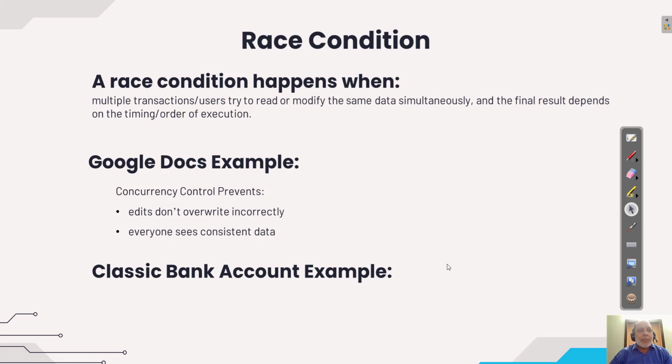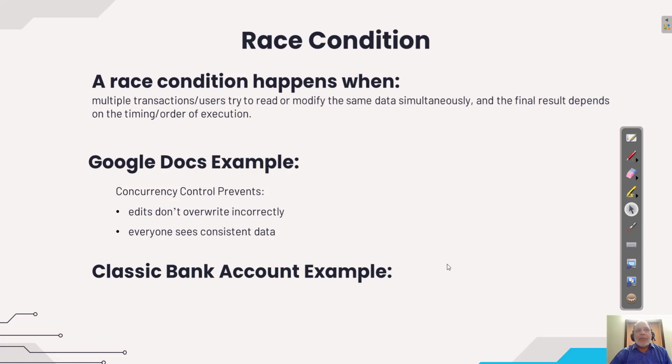One example is the Google Docs example. Concurrency control prevents edits from being overwritten incorrectly. If multiple users are using Google Docs and there is no concurrency control, then one user makes changes in the doc and another user overrides these changes.